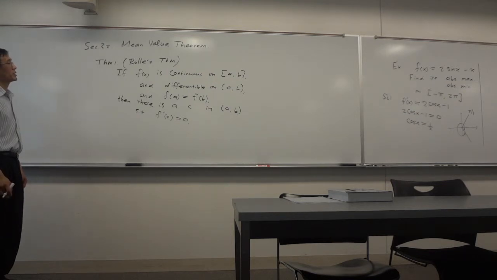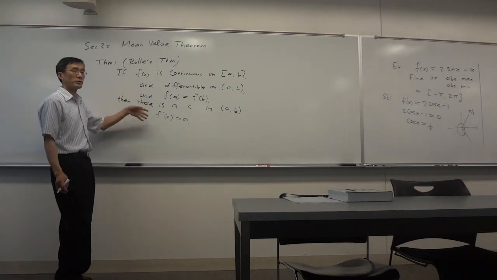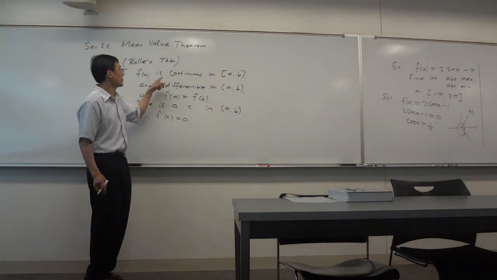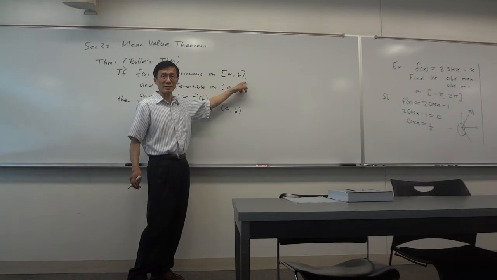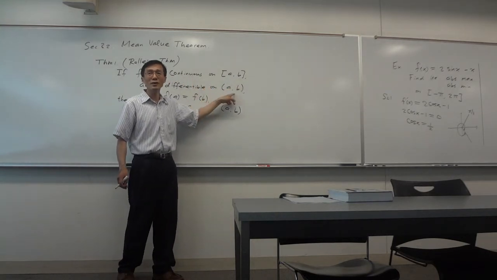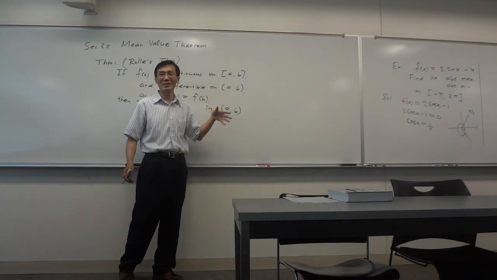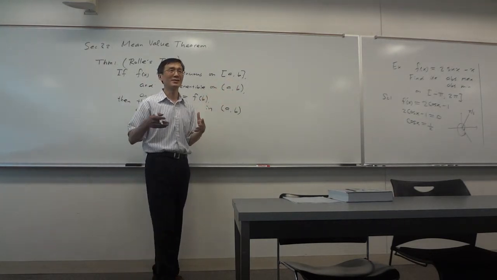The condition looks a little bit scary because of all those statements. It seems like something really subtle. Continuous on the closed interval, differentiable on the open interval. The only difference here is the endpoints a and b. What's the big deal? Why make those subtle differences?